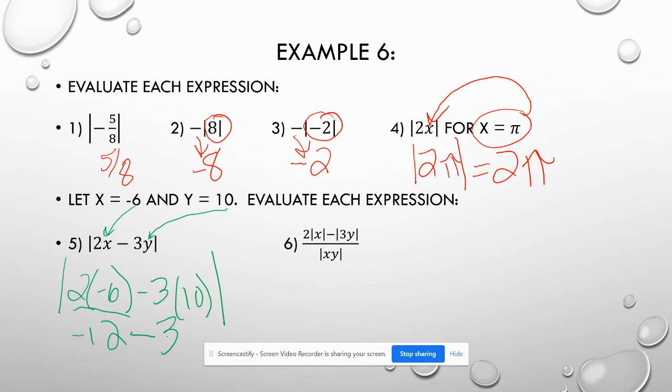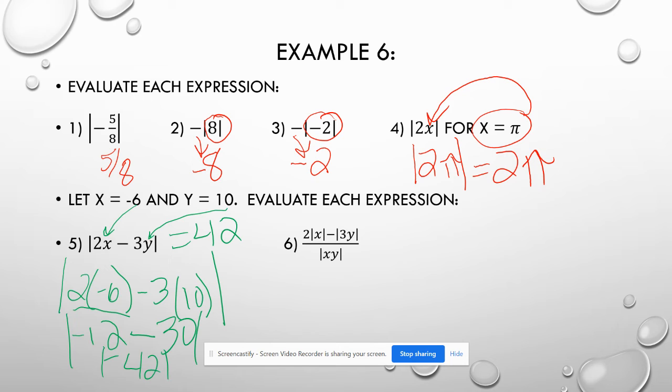Minus 3 times 10 is 30. Still have the absolute value signs around that. -12 minus 30 is -42 in the absolute value. And then the absolute value of -42 is +42.